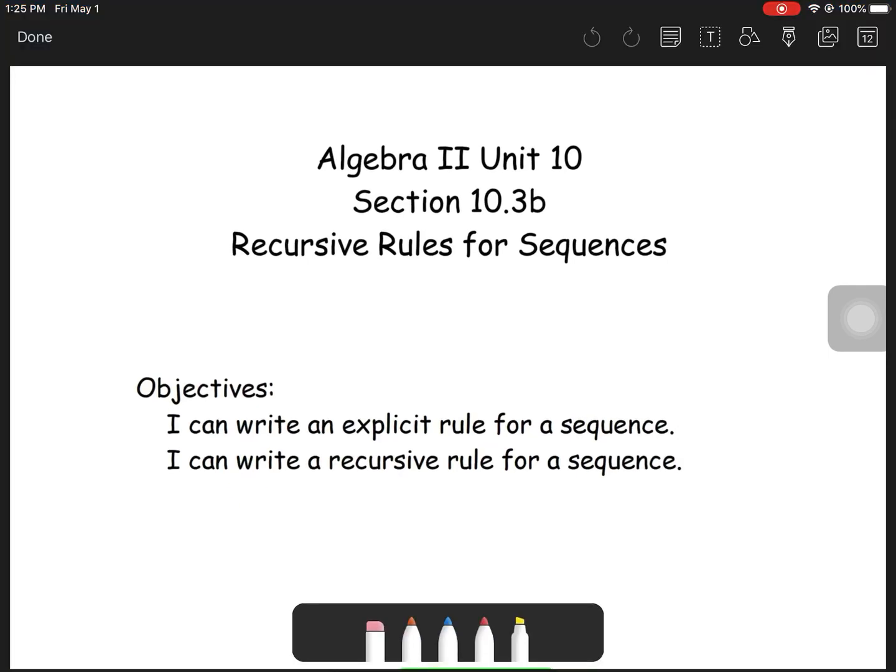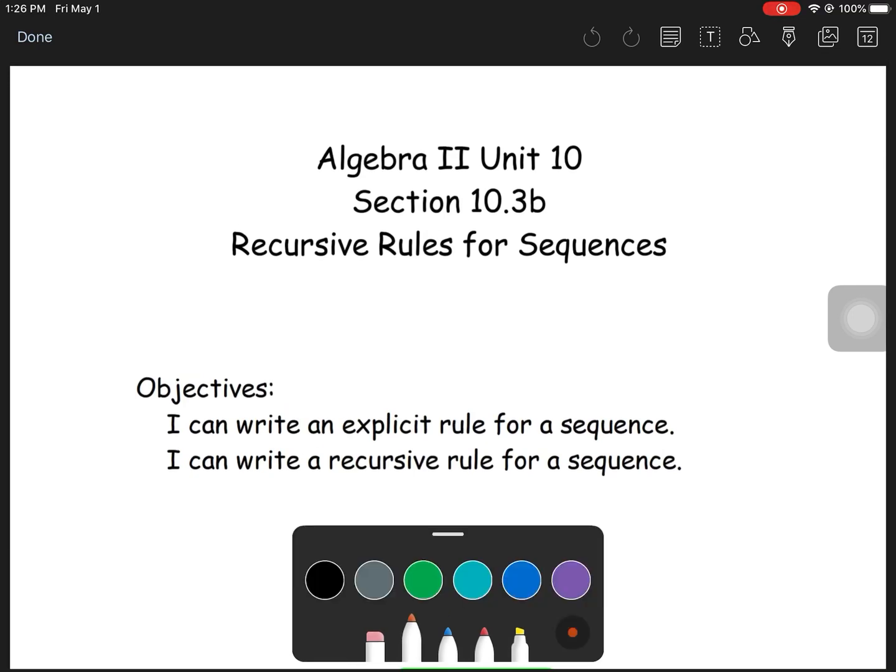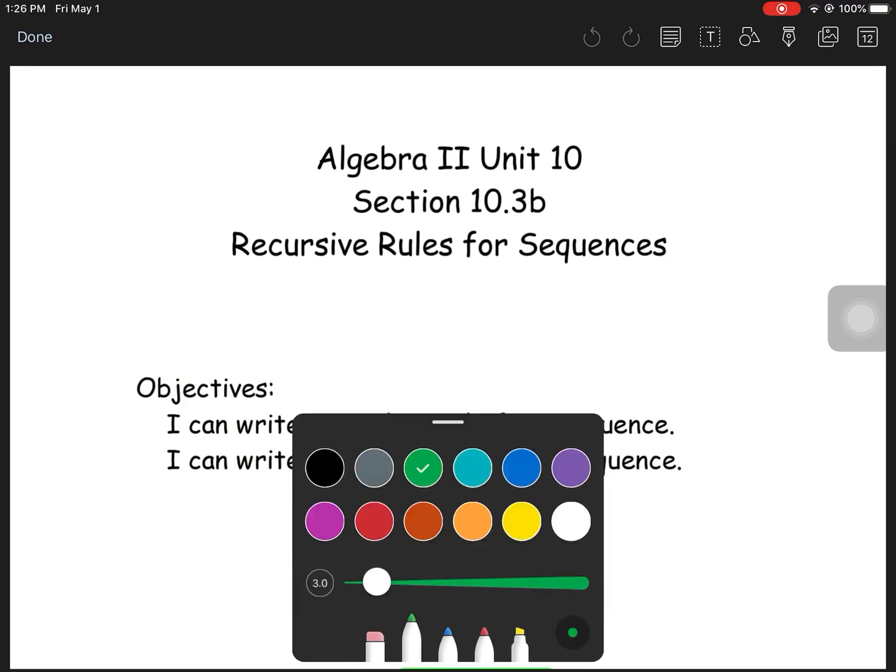In this section, we're going to be working on something called a recursive rule. The recursive rule means the one before, it means really reverse. So we're going to write on here that it means the one before.